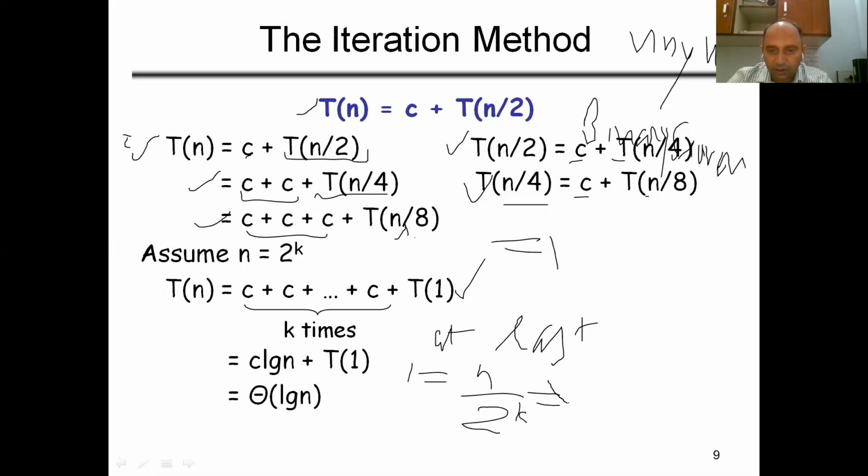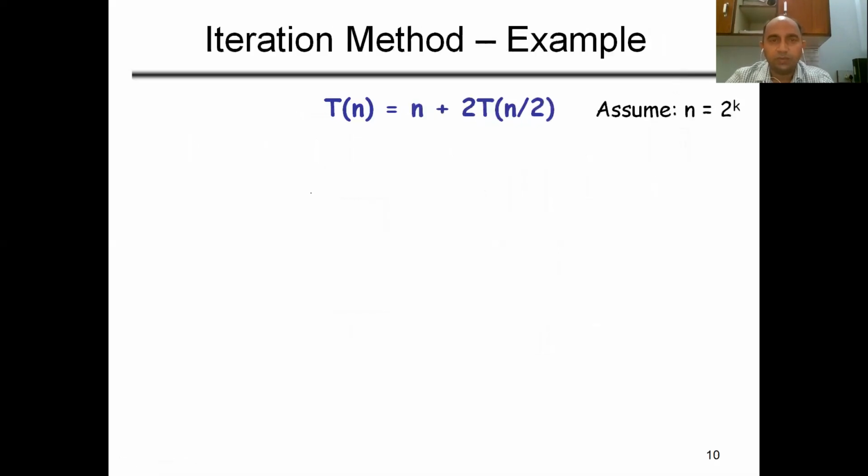After solving this equation, we can write k is equal to log n. So the value of k is log n, so we can write the value of log n in this equation. This becomes C log n plus T(1), and finally I can write theta of log n. These are the steps to solve by the iteration method.